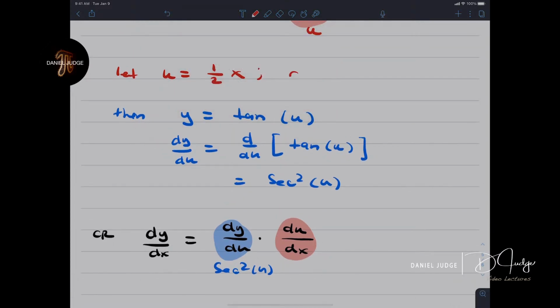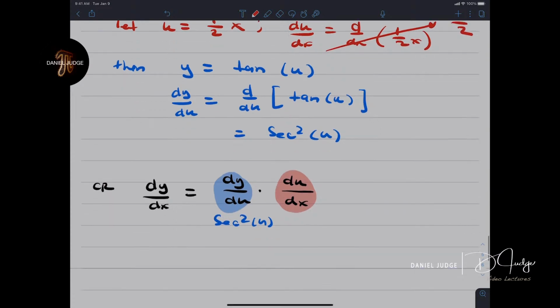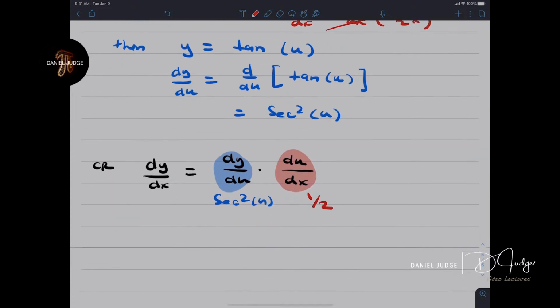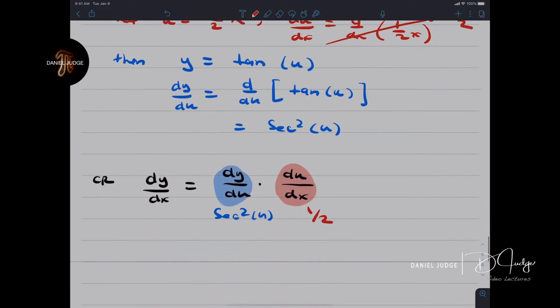Du dx. D dx of 1/2 x. This derivative is 1/2. So replace that with 1/2.